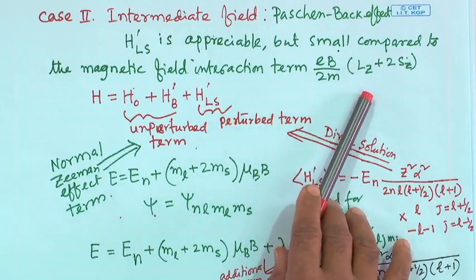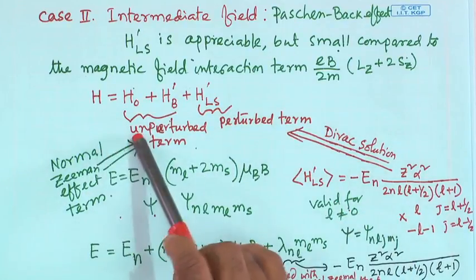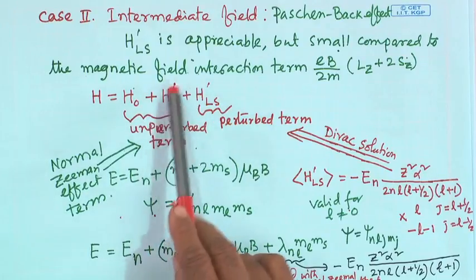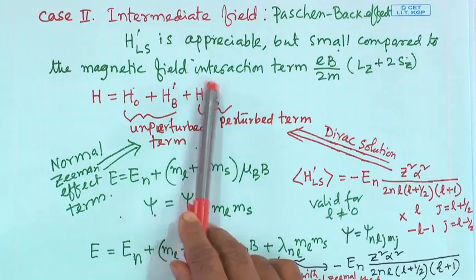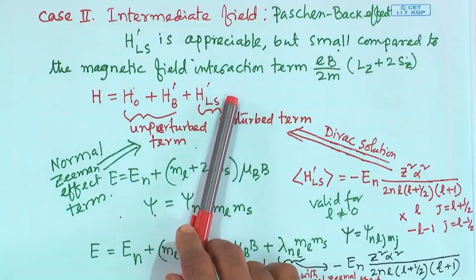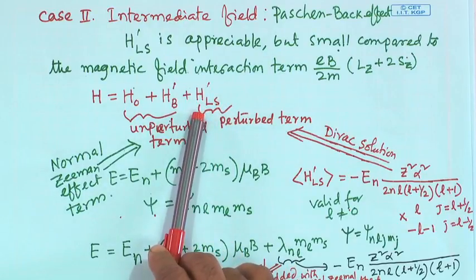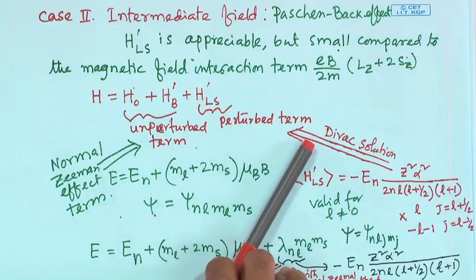If that is the condition, then our Hamiltonian will be H equal to H_0 plus H_B dash, the magnetic interaction, plus the H_LS term. Okay. Now, there are three terms here, so again we have to solve it using perturbation. During perturbation you have to choose the unperturbed term and then the perturbed term.